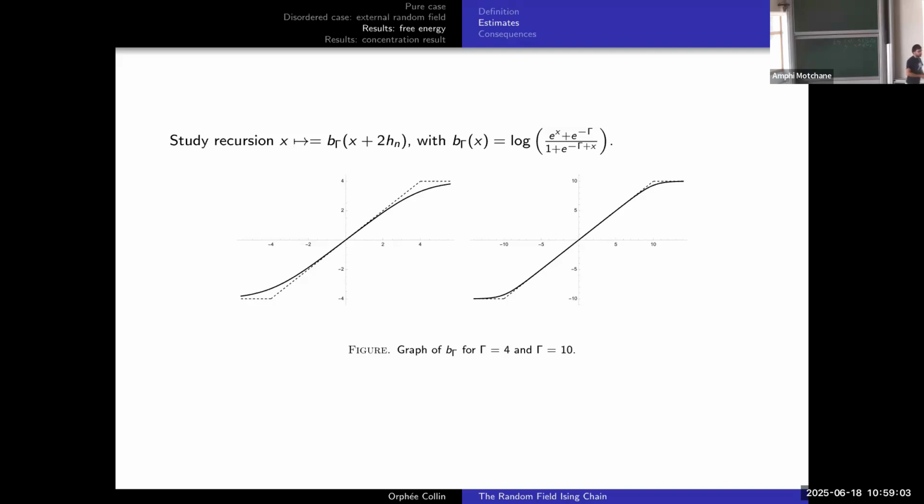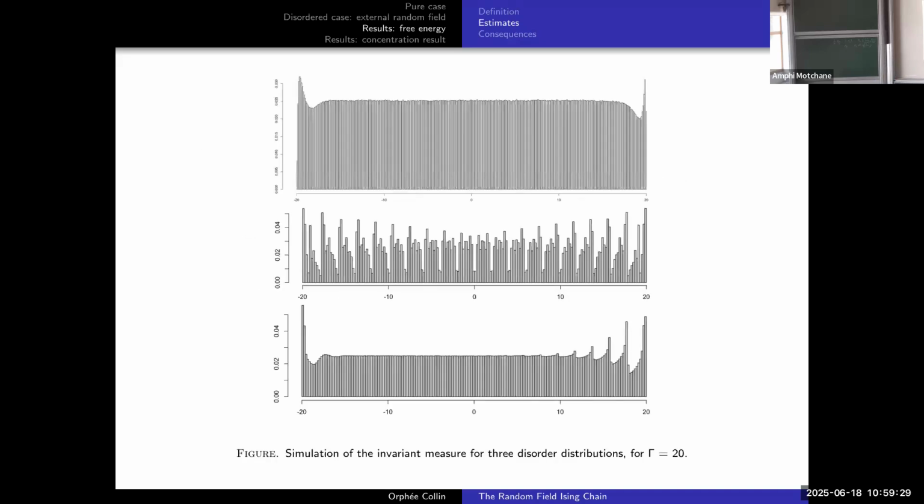So if you're between minus gamma and gamma and quite far away from them, you're behaving like a random walk. And if you get close, you have some force that puts you back in between minus gamma and gamma. So there are soft walls at minus gamma and gamma.